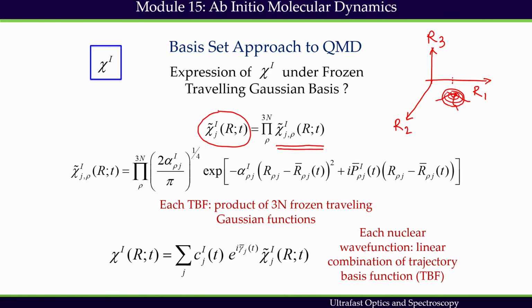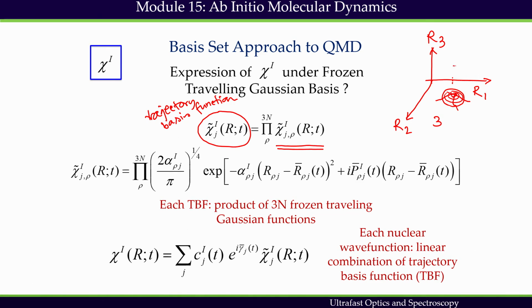We prepare this trajectory basis function by multiplying all the Gaussian functions. Now, how many Gaussian functions should I have? I have 3 degrees of freedom.